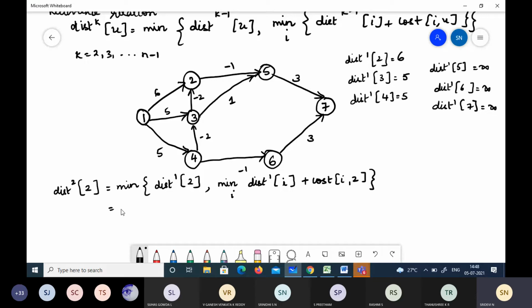We'll see this now. Minimum. What is the distance from 1 to 2? The distance is 6.